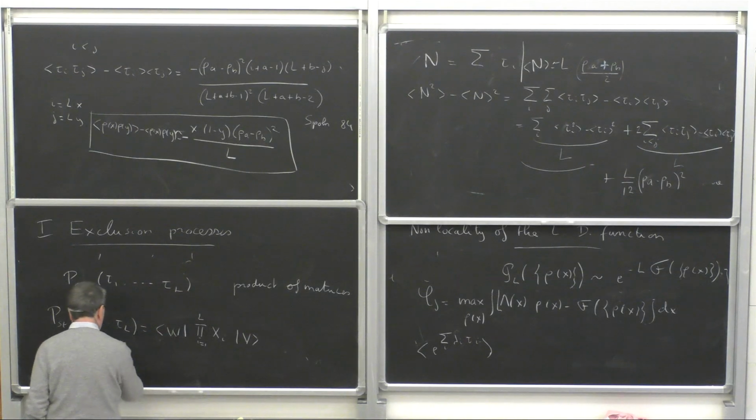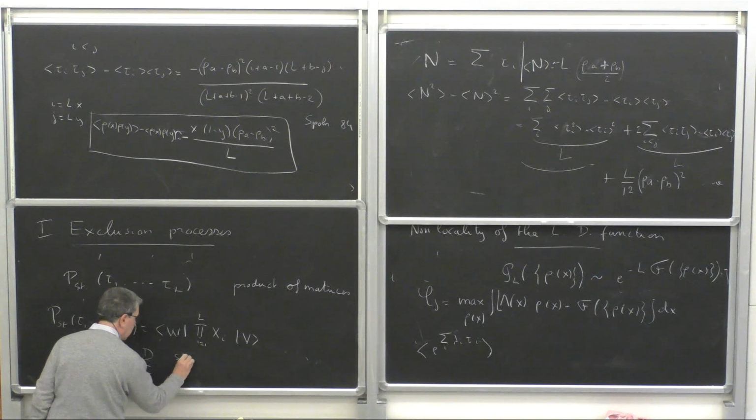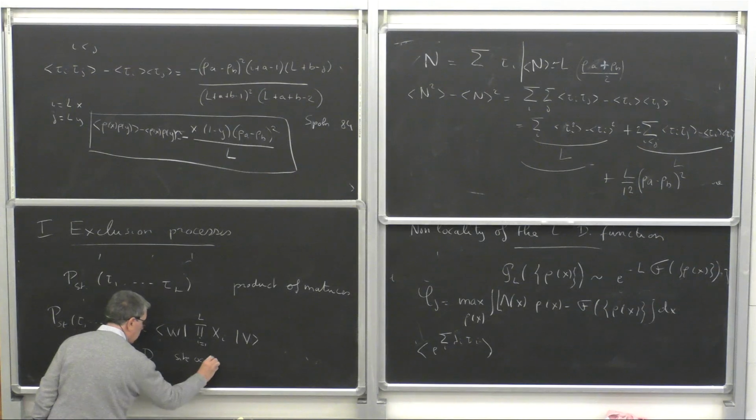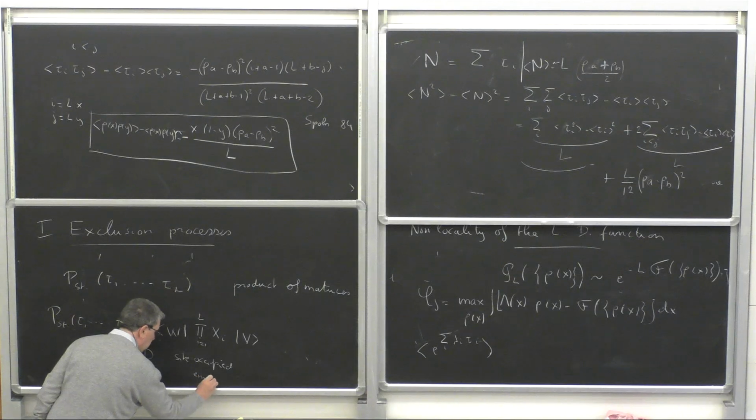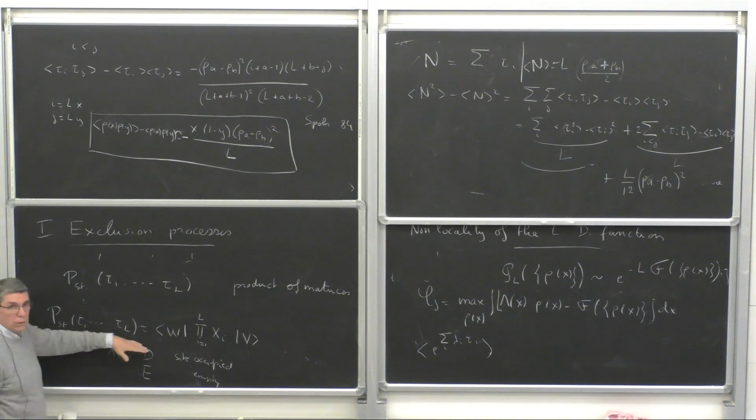These matrices have two possible values: D if the site is occupied, and E if it is empty. These kinds of things have been used in quantum chains to get the ground state of quantum chains, for example.